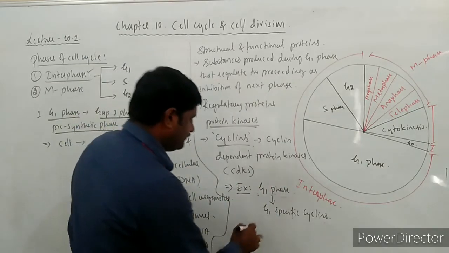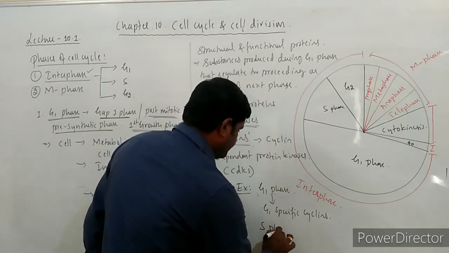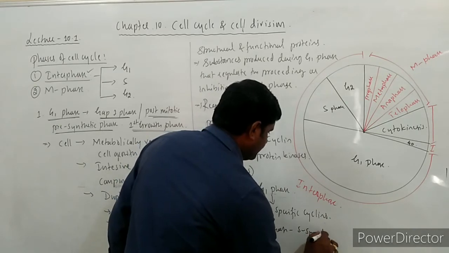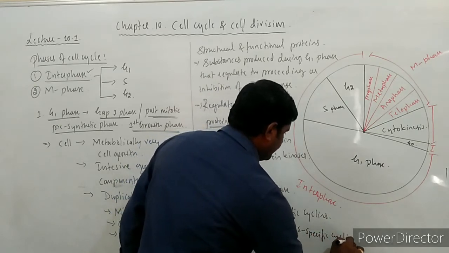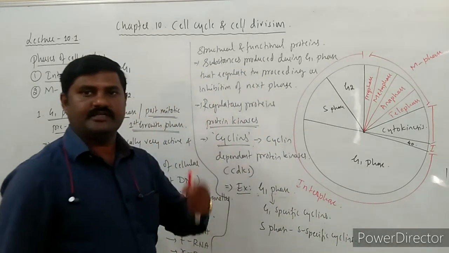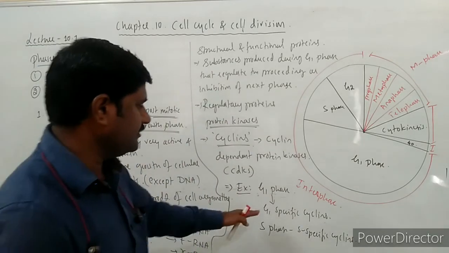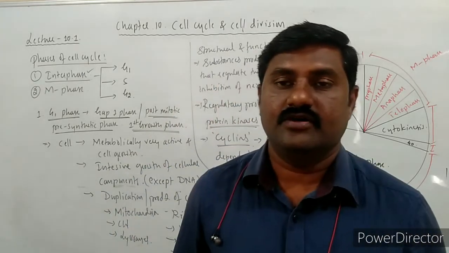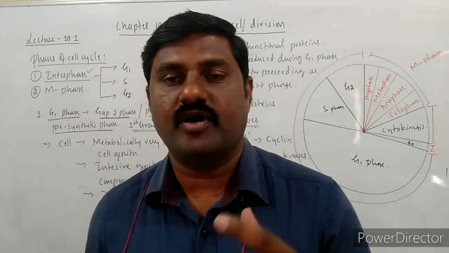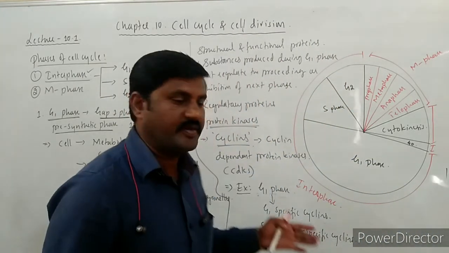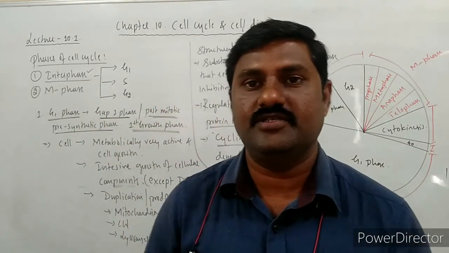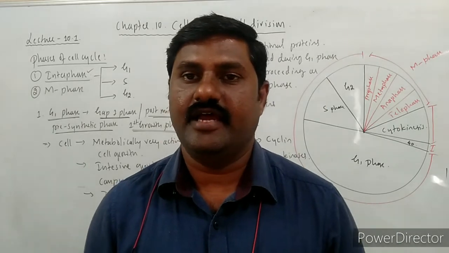In the same way, S phase is there, and S specific cyclins are produced and they stimulate the S phase itself. Like this. So these are specific proteins that stimulate the process in respective phases itself, right? So these are the things what you must remember over here, right?